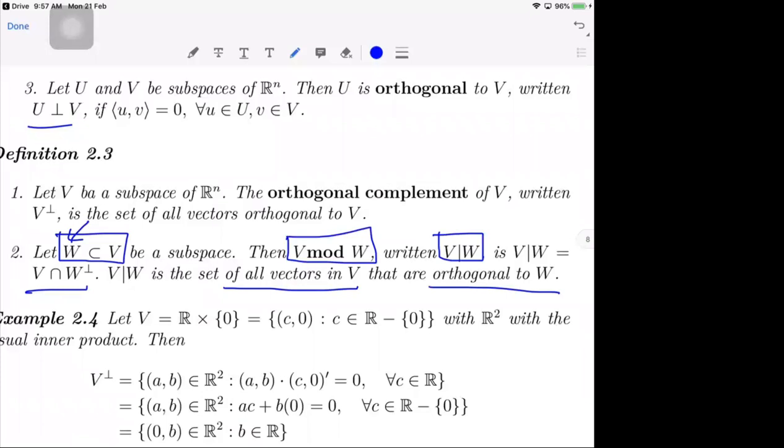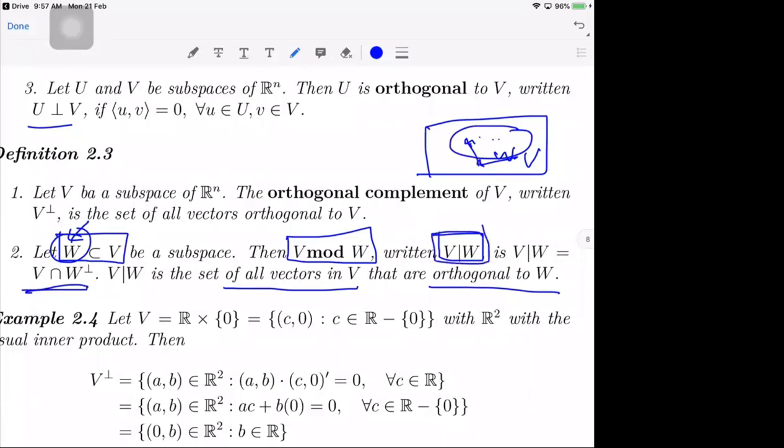The set of all vectors in V... W is a subset of V. W perp is the set of all elements that are orthogonal to all elements in V. For example, if it is in W, then it is in V mod W, or in V intersection W perp.